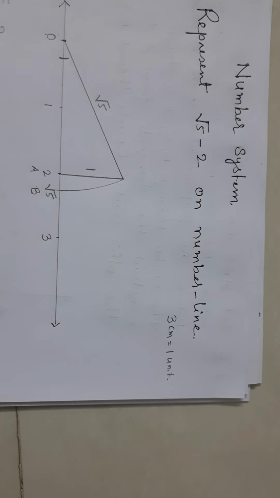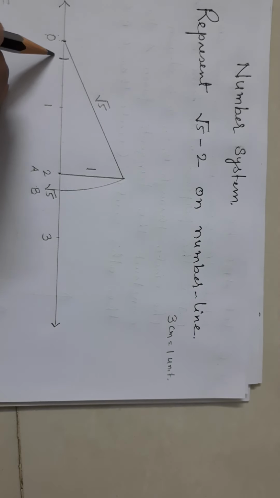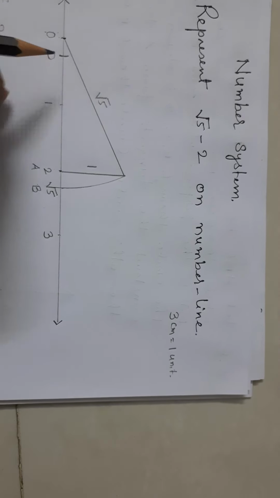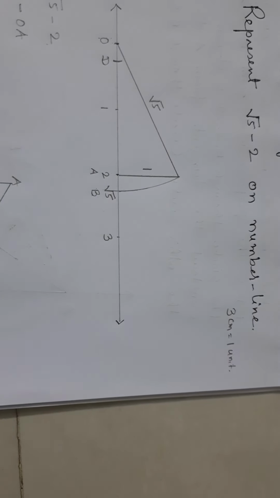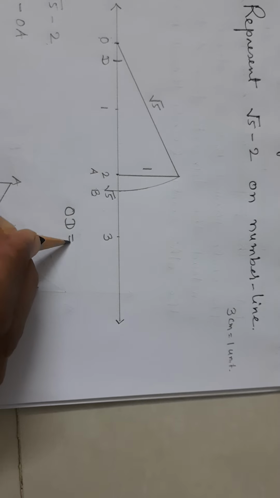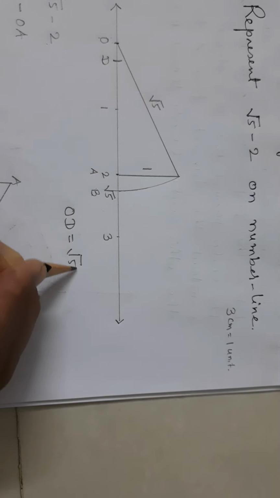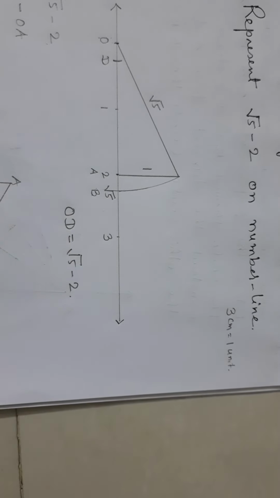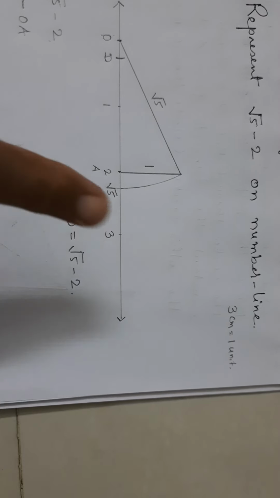So if I put this D here, then OD represents root 5 minus 2. That is all. This is to be done. OD is root 5 minus 2. I hope you have understood.